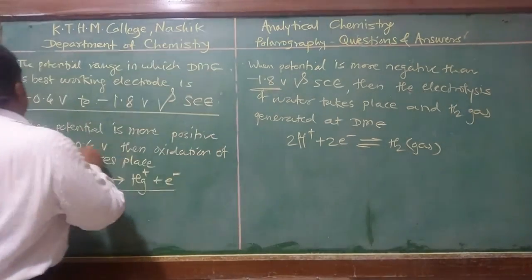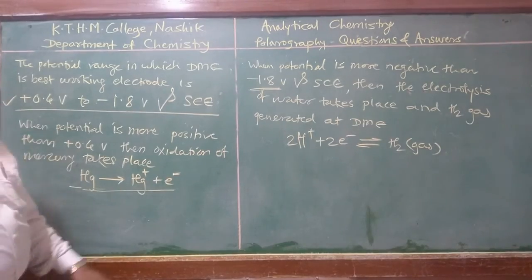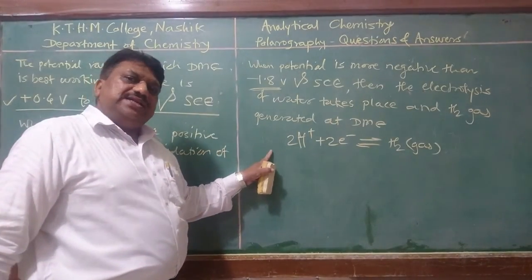Therefore, only this is the potential range in which we can use the dropping mercury electrode as a working electrode.